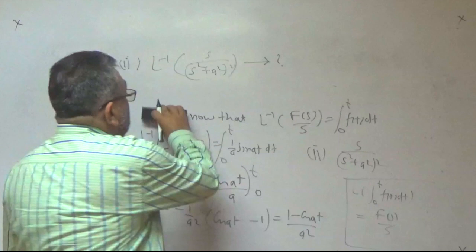And you can take capital G of s outside the integral, and finally we get this one into G of s, and again by first principle, this is capital F of s, meaning the Laplace transform of small f. Then finally we get the Laplace transform of phi t is this. Therefore, the inverse Laplace transform of F of s into G of s equals phi t.